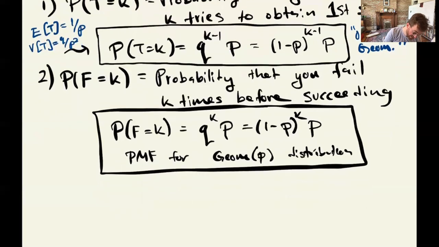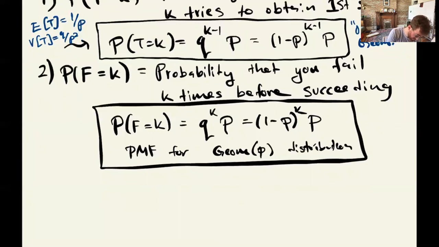For this one, things are slightly different. The expectation of F, which we still think of as being geometrically distributed, looks like q over p.